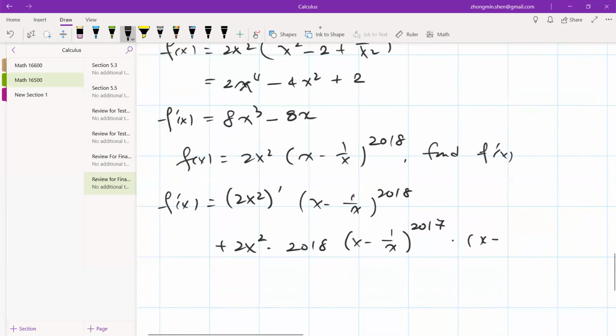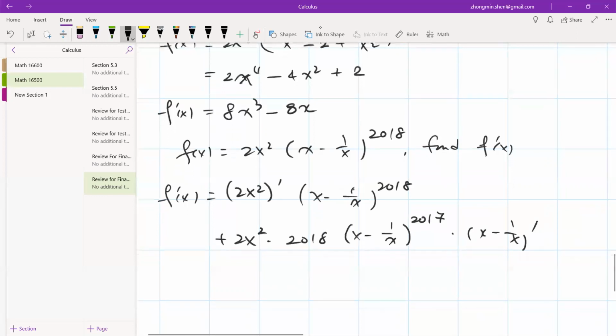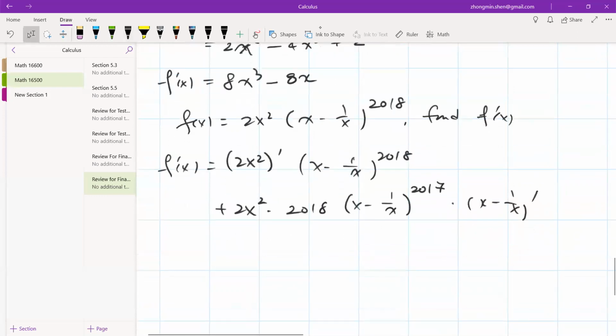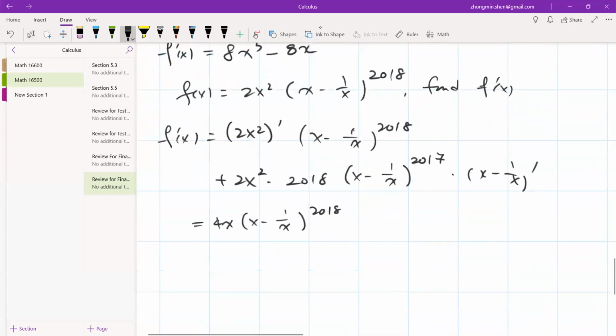Then you differentiate the last term. And you don't simplify too much, it doesn't matter, right? But at least you have to finish the derivative completely. So it's going to be 4x, right?